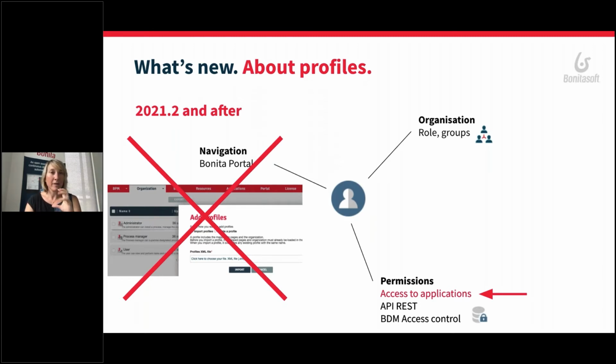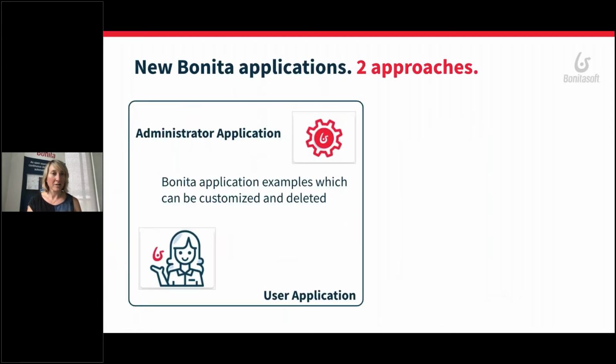So if we think about the applications now, the applications follow 2 kind of approaches, 2 kind of structures. Administrator application and user application are kind of Bonita application examples. They are behaving exactly like other living applications, and they can be customized as well as deleted if you want.